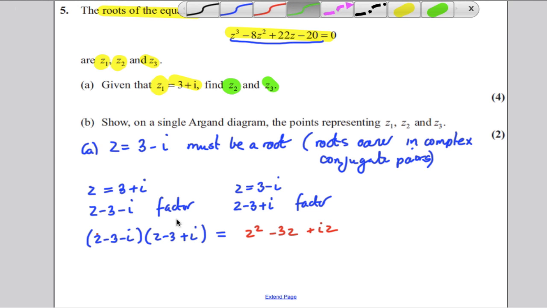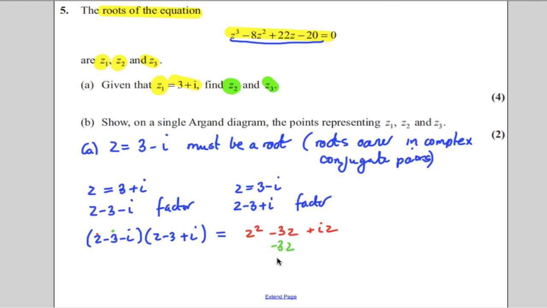Now I'm going to do this one. Negative 3 times z, I'm going to write it in the z column, is negative 3z. Negative 3 times negative 3 is plus 9. I'm going to write it over here by itself. It doesn't have a column yet. Negative 3 times i is negative 3i, so I'm going to write it in its own column. There are no purely imaginary parts at the moment.